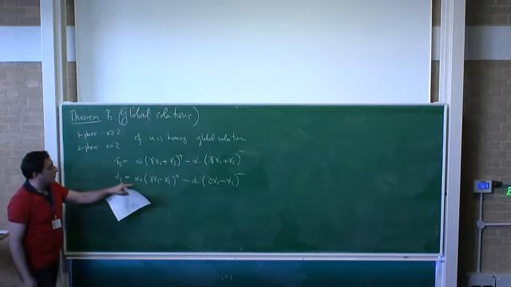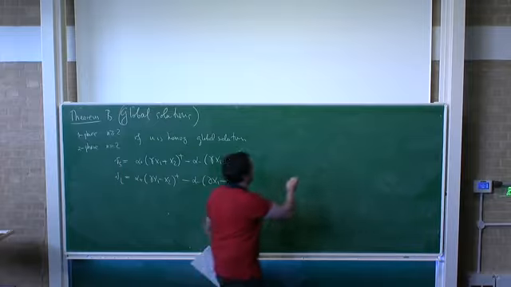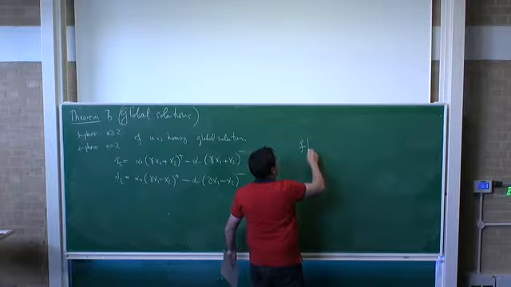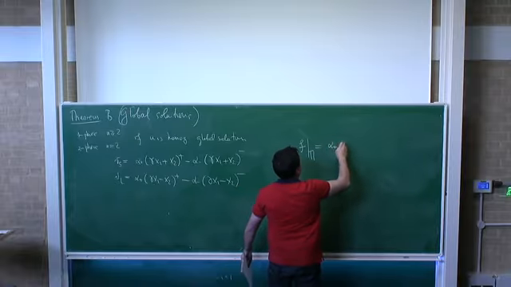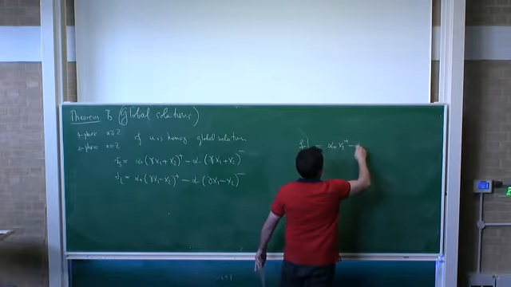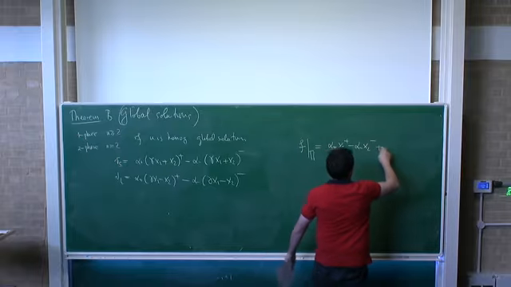So that's alpha plus and alpha minus that just come from the boundary condition.